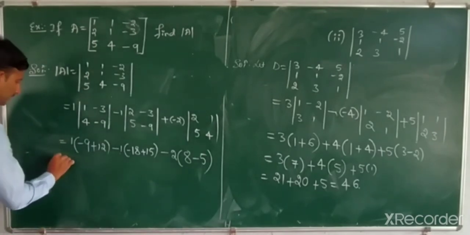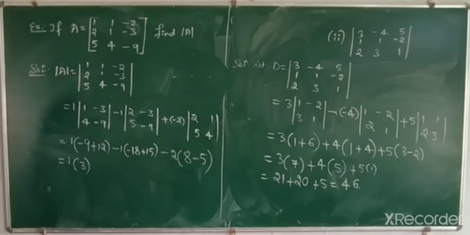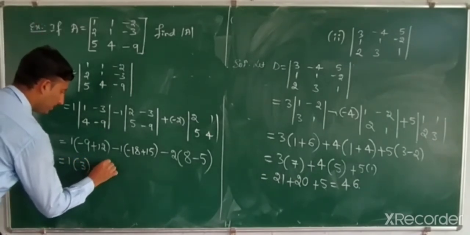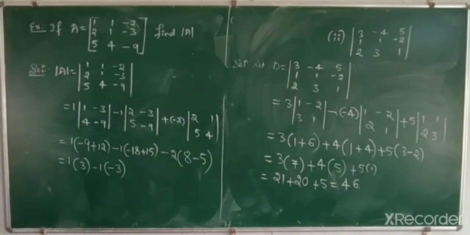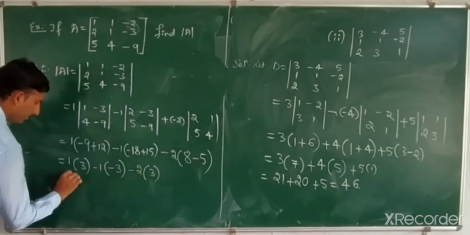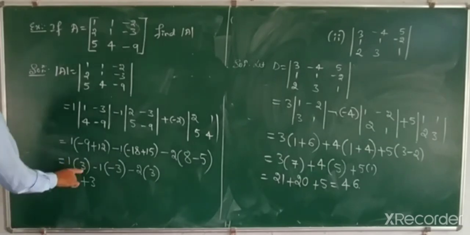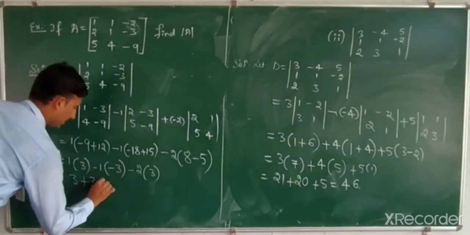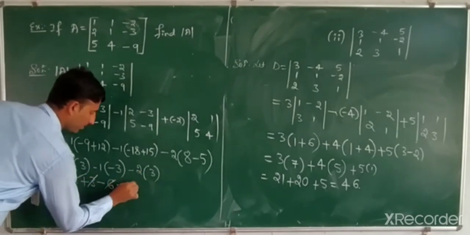Here the terms come to 3 plus 2 minus 5, which is nothing but 0.